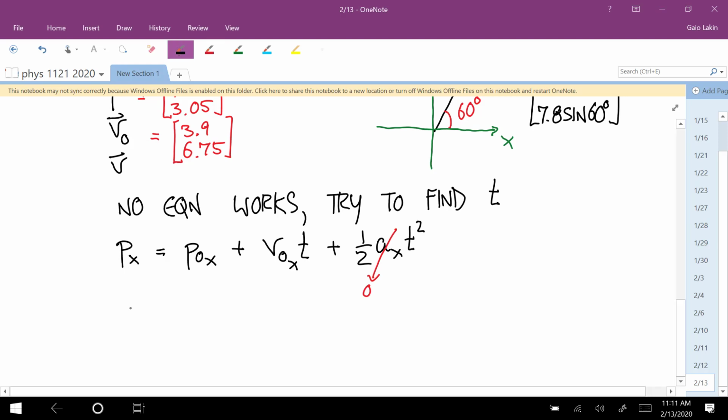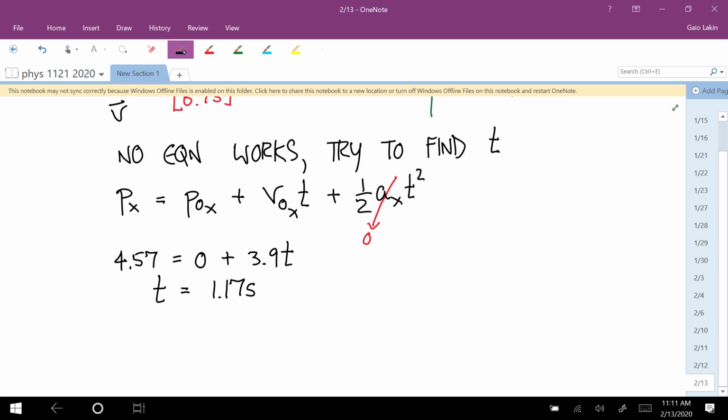And so what we have is 4.57 is equal to 0 plus 3.9t. What's 4.57 divided by 3.9? 1.17 seconds. So now that gives us one more thing that we know.